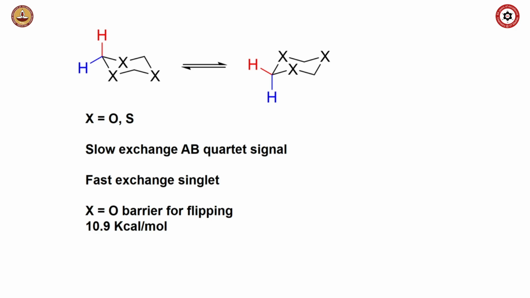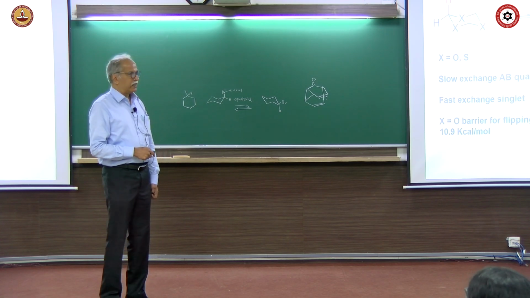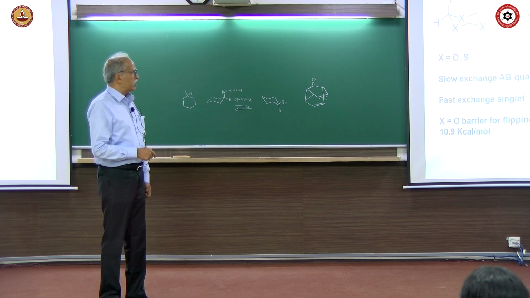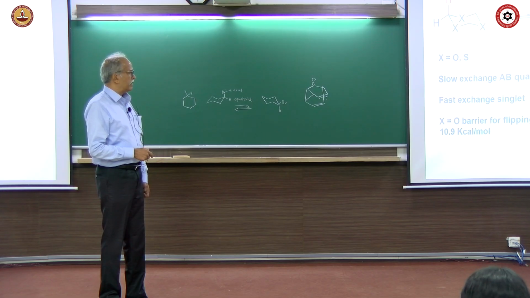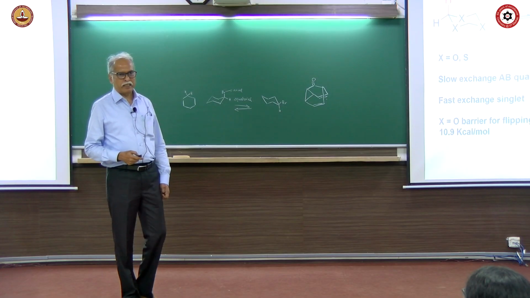In this case, the slow exchange process, in other words, at low temperature, when the interconversion is slow, the axial and the equatorial hydrogens are seen separately. So what is the stereochemical relationship between the axial hydrogen and the equatorial hydrogen?